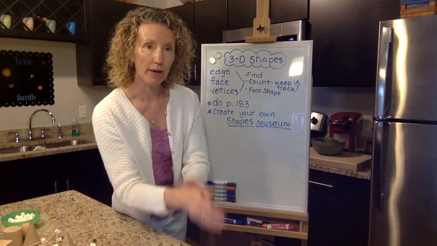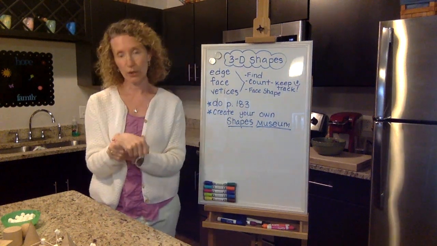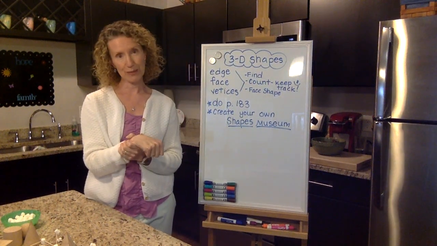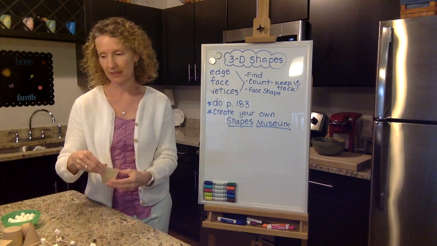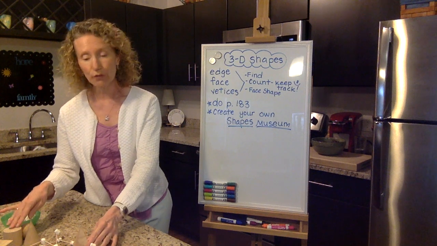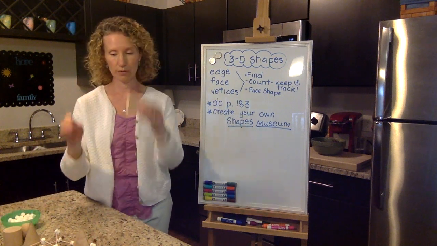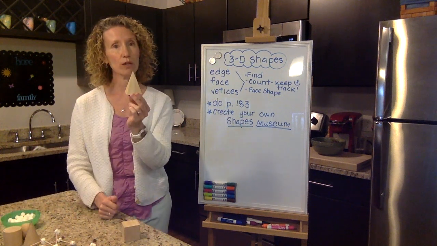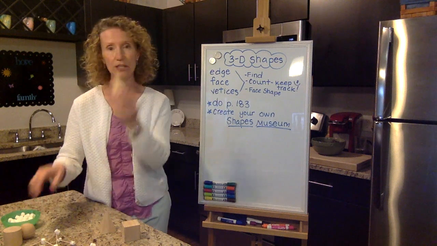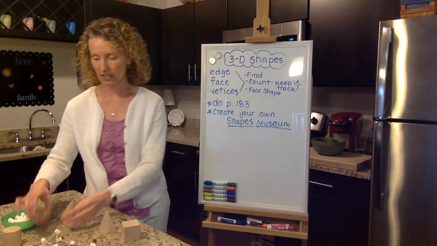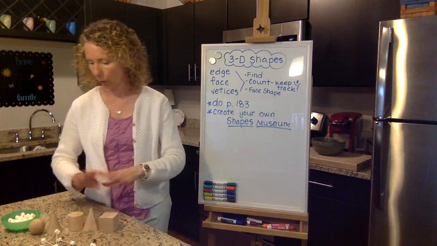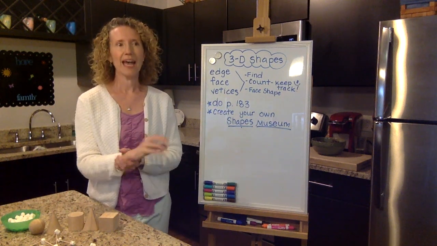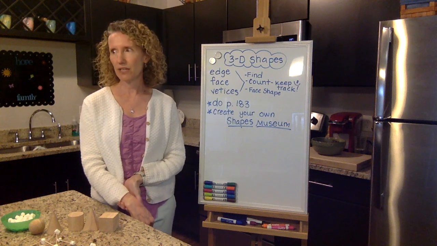Then, here's the fun part. You are going to make a shapes museum at home using 3D shapes. So you are going to look for things that are cubes, things that are square and triangular pyramids, things that are cones and spheres and cylinders, and try to gather 1 or 2 of each of those and make a shapes museum.